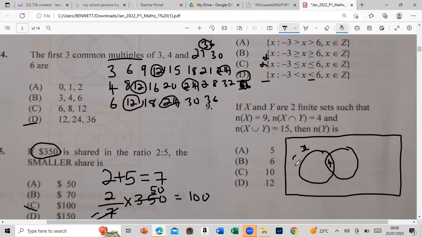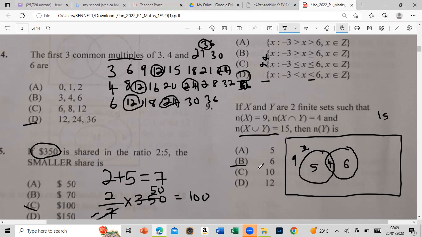We have 9 in x, of course. And what's in both of them combined, the union, is equal to 15. And what's the value of y? So 9 plus 6 is 15, and minus 4 is 5. This can be a little bit tricky at times. See this one before, it's from another past paper.